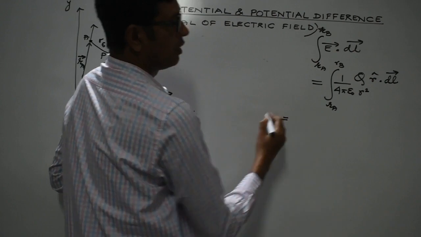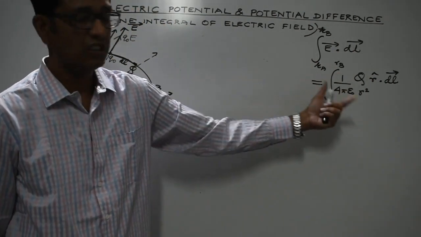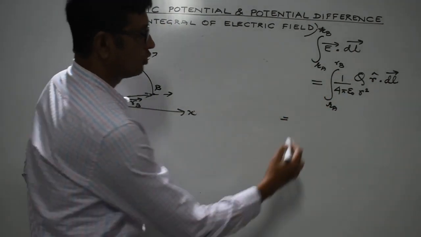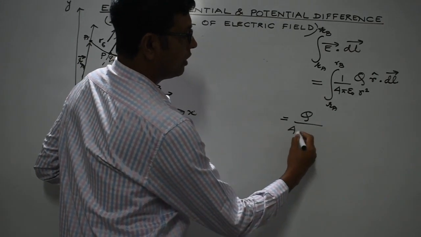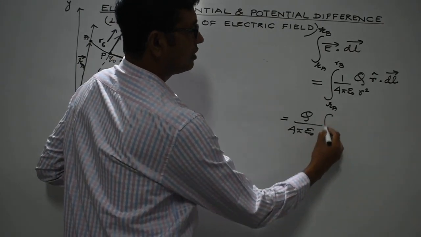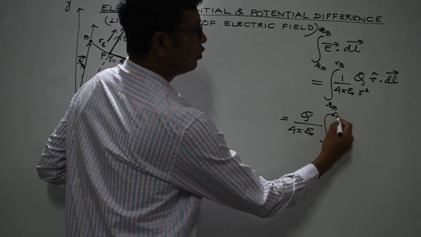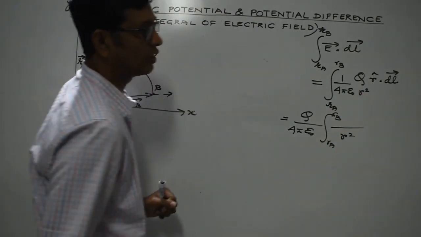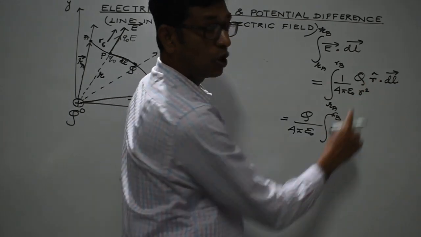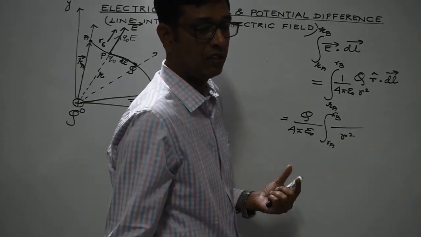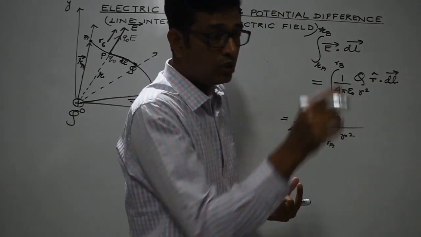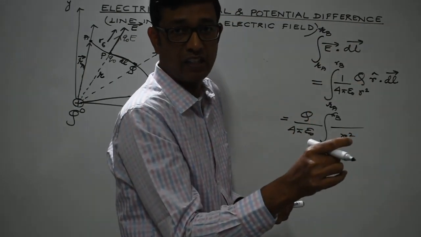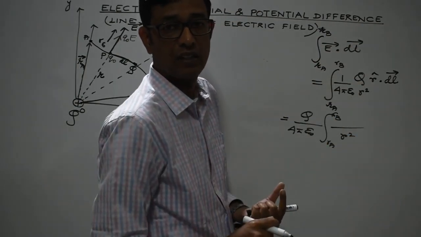Fine. So the constant term can be taken outside the integration. Q divided by 4 pi epsilon is constant. From RA to RB, in the denominator we will be left with R square. And remember, this is the dot product, the scalar product. A dot B is A's magnitude multiplied by B's magnitude and the cosine of the small angle between them.